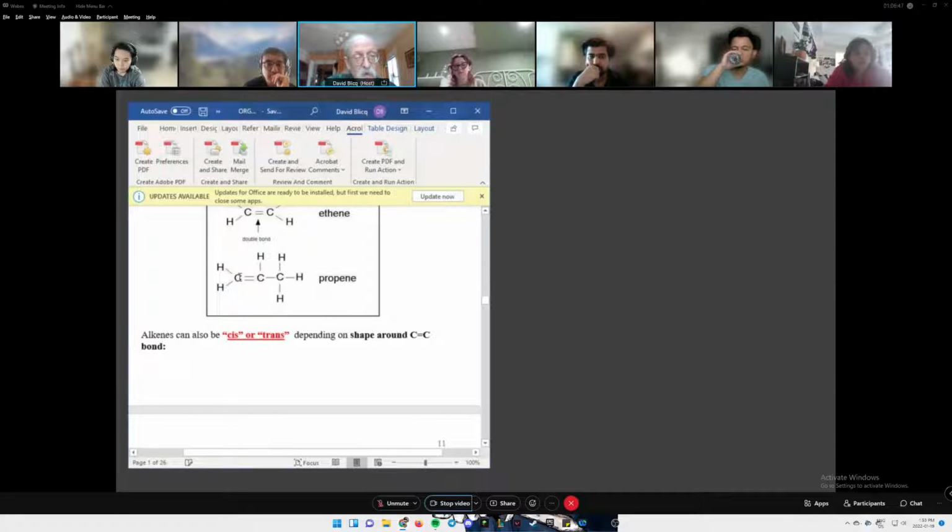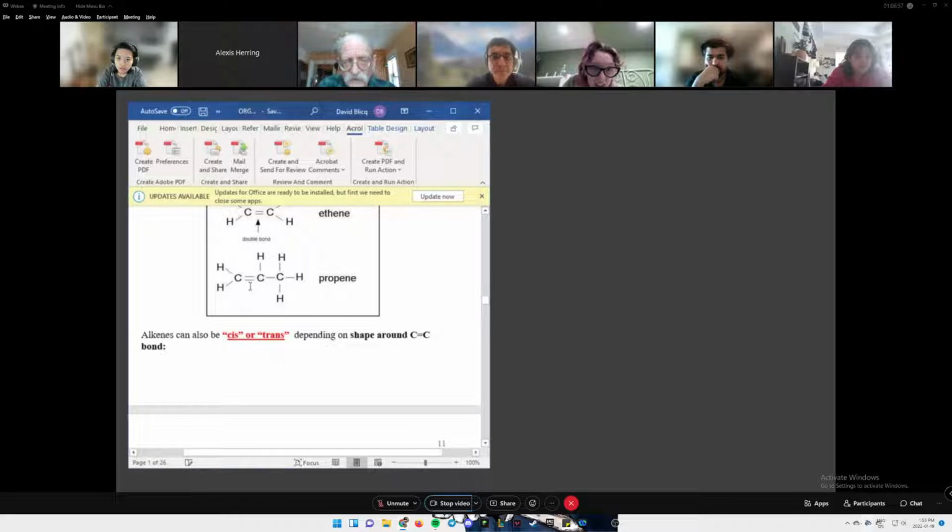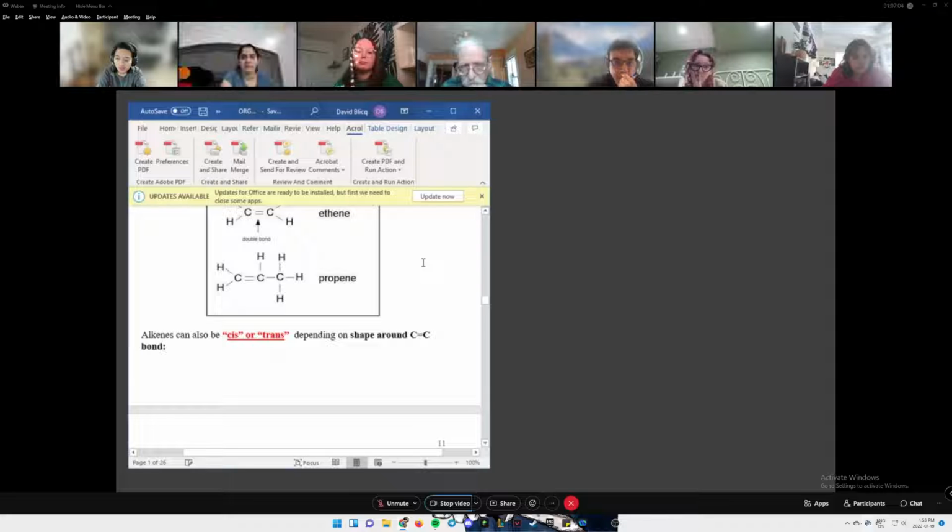1, 2, 3. Propene. Why didn't I put a number in front of that, oh fellow scientists? The double bond is on the first carbon, so it gets the lowest number.